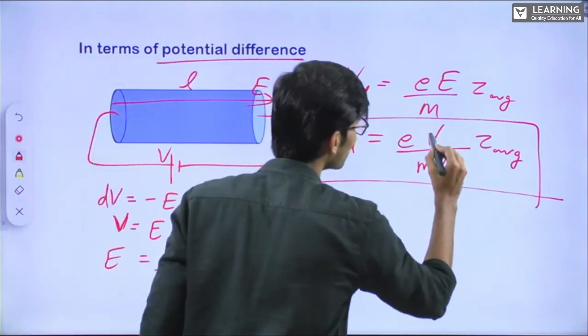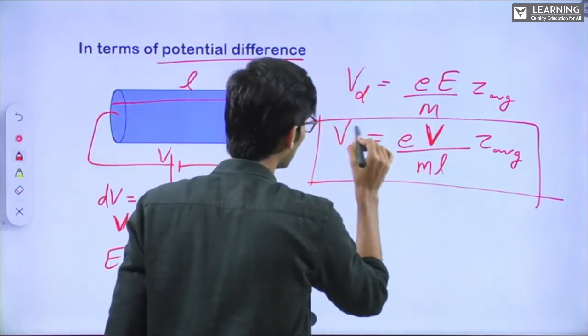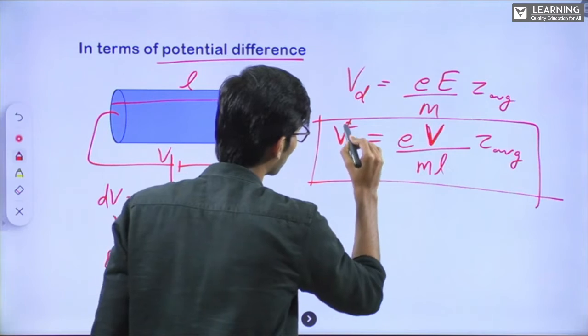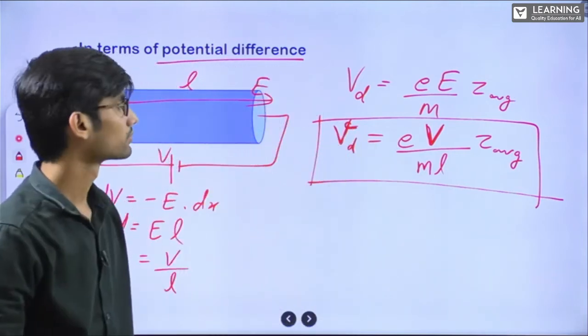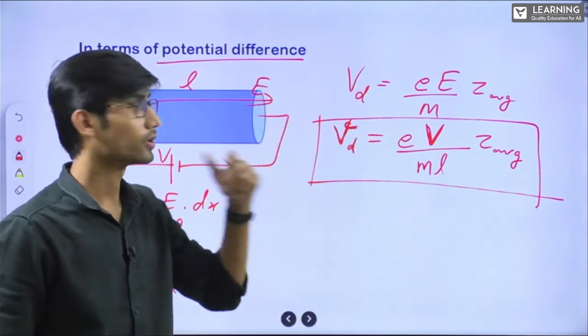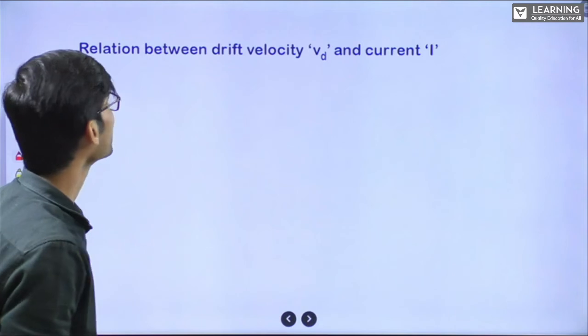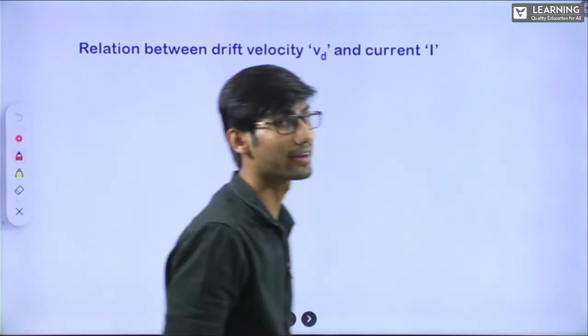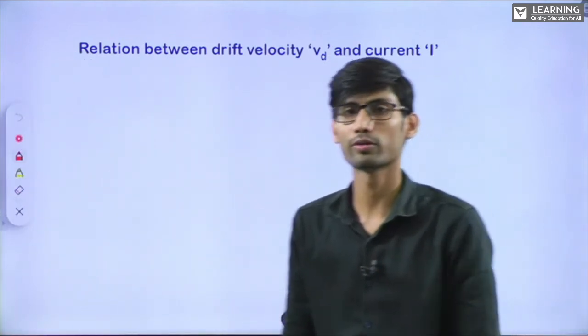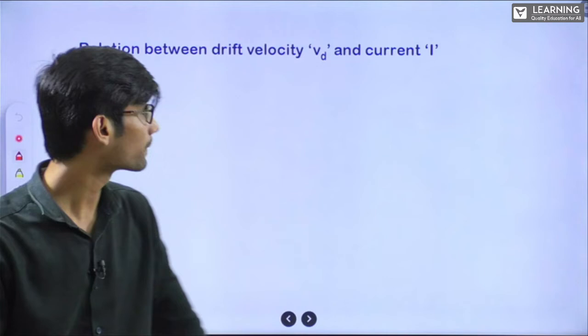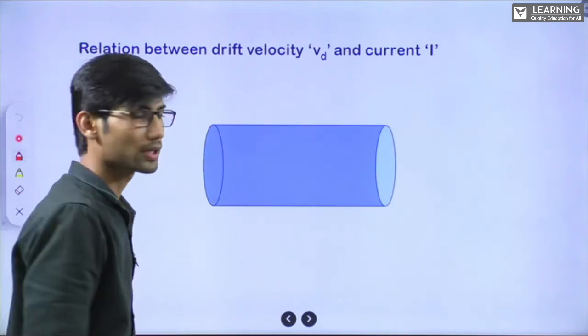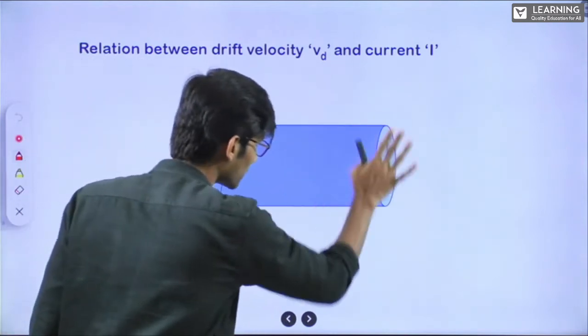This V is potential, this V is drift velocity, where I have made it like this. Now, let's go further. Relation between drift velocity and current, very important from both points of view. Understand. Suppose there is a conductor.